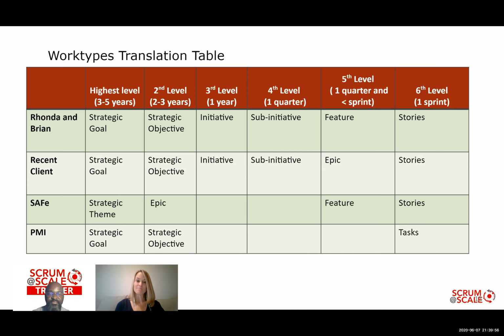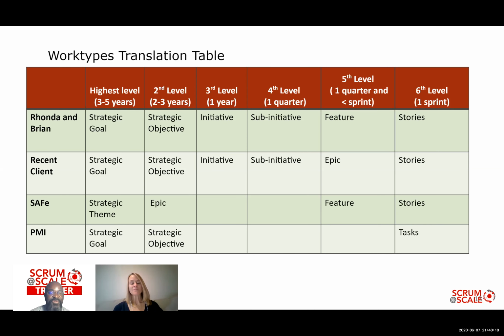Now, one thing that we should keep in mind, and you can see this in our diagram at the top or in our table, is that each of the work types has a time frame by which we expect the value to be extracted.